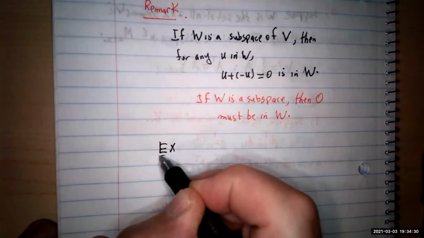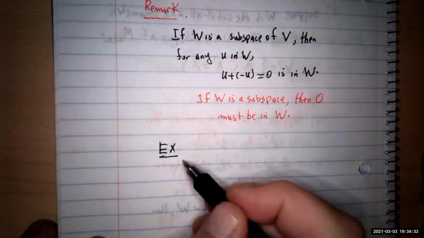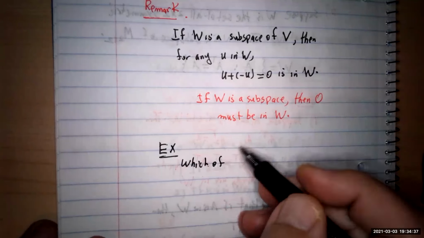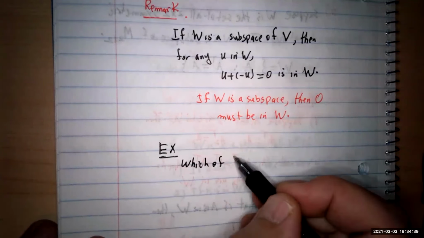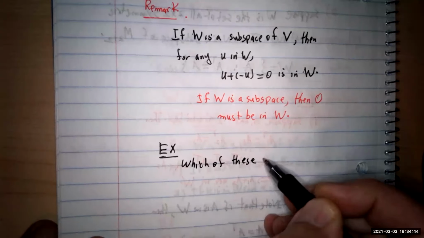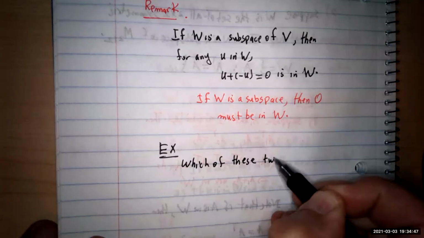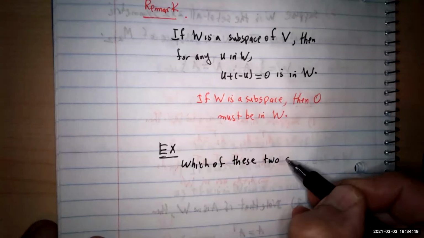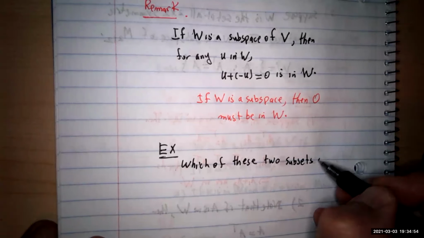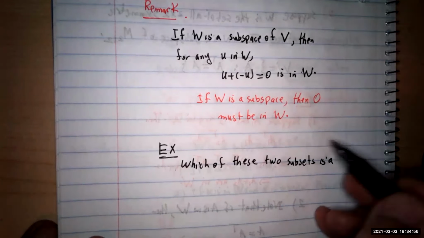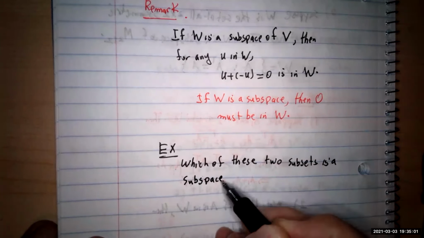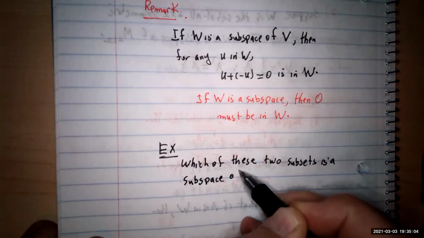Example: they ask you which of the following two subsets is going to be a subspace of R2.